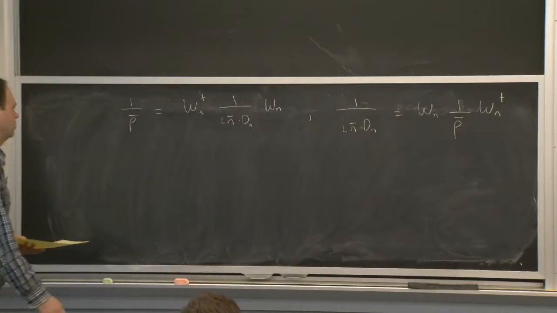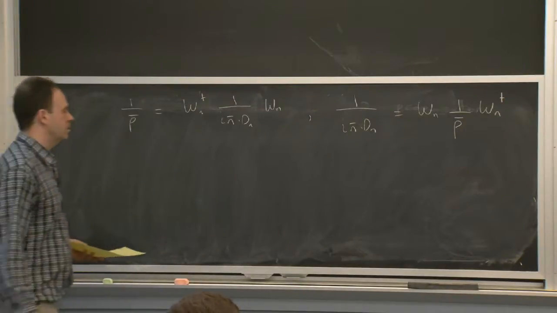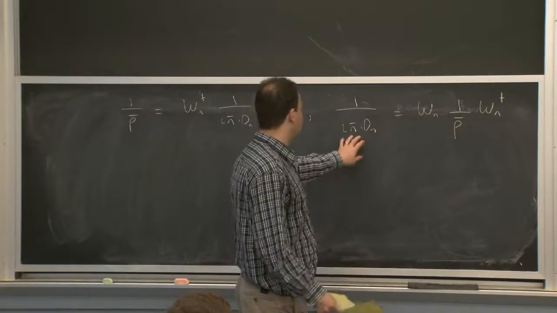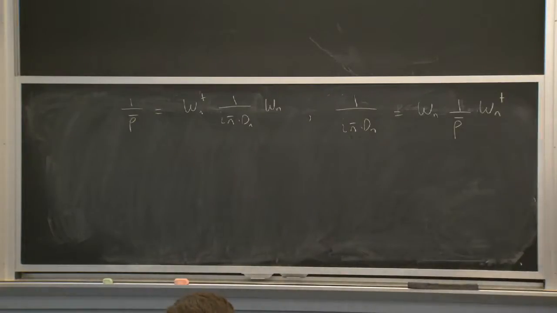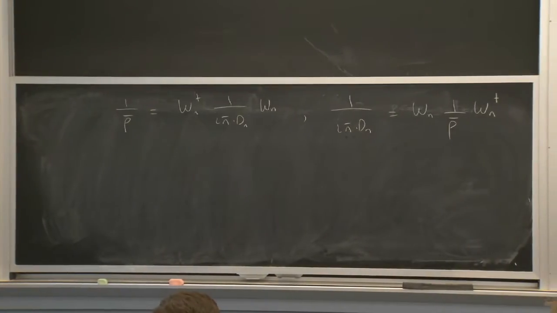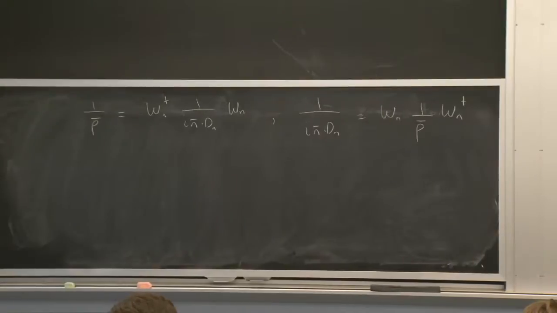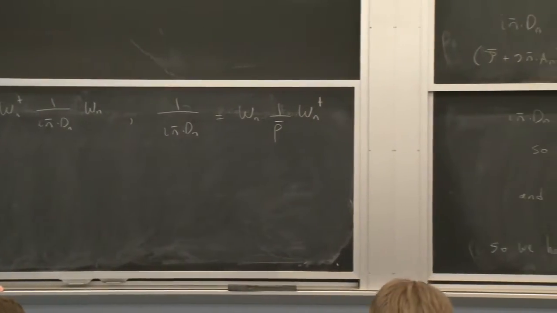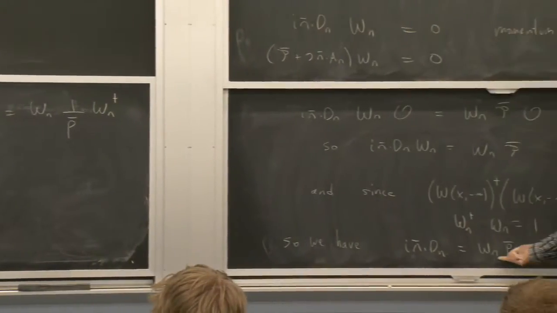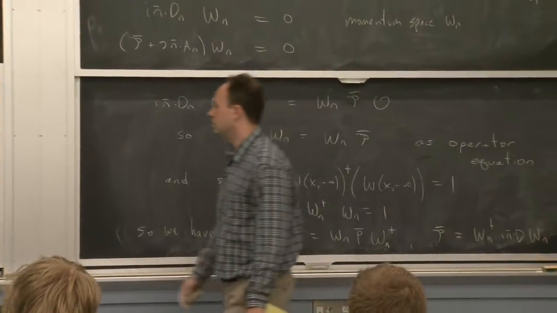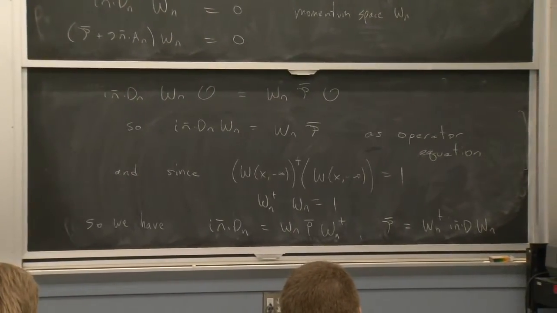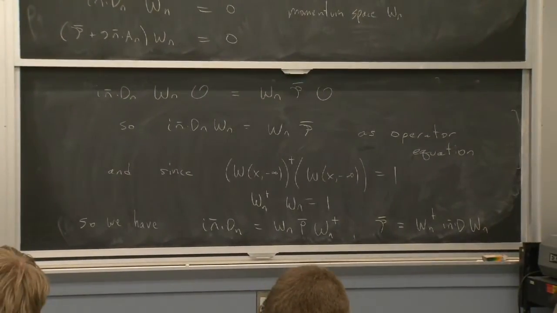But these two equations are true, which are kind of the inverse of those equations. So how do we check that? Well, just multiply this times this, you should get 1. Right? And if I multiply, say, on the right here, then the W dagger here kills the W dagger, then the p-bar kills the p-bar, and then the W kills the W dagger. So those are true.